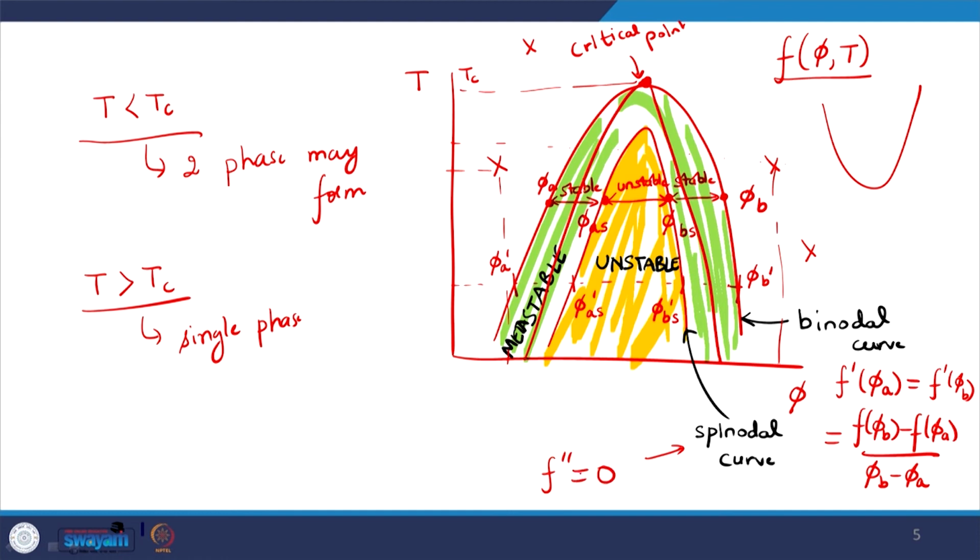The critical point is given as f double prime is equal to 0 and f triple prime is also equal to 0. That is the mathematical definition of the critical point, because in some sense it is the maxima of the f double prime curve, and that has to be the derivative of that particular curve, and that is why we get an f triple prime there, right.